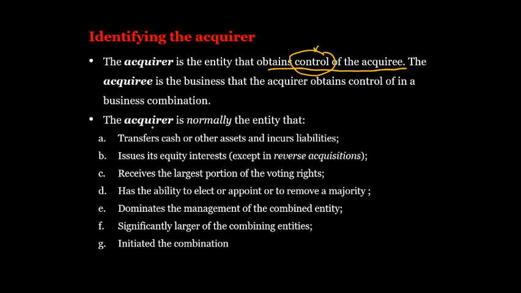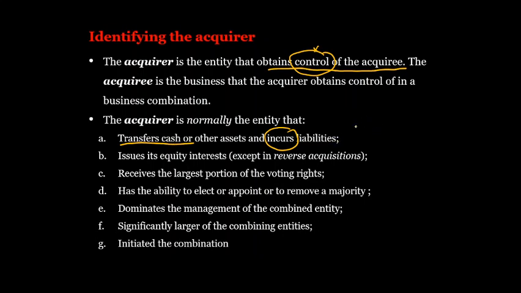Anyway, the acquirer is normally the entity that transfers cash or other assets and incurs liabilities. This is probably clear. Transfers cash or other assets, the cost that you paid, what you gave to the one you are acquiring. But what about incurs liabilities? You're the one who bought, and you're also the one who incurred debt.